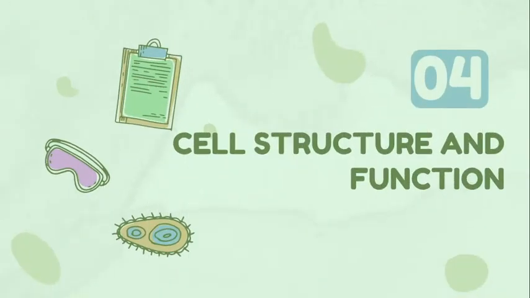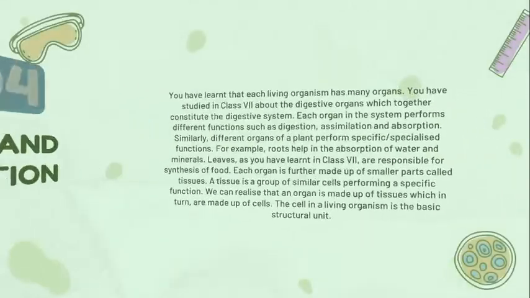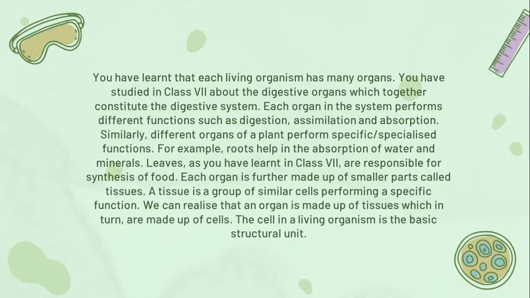Next topic: cell structure and functions. Let us learn the cell's structure and its functions. You have learned that each living organism has many organs. You have studied in class 7 about the digestive organs, which together constitute a digestive system. What are the digestive organs?